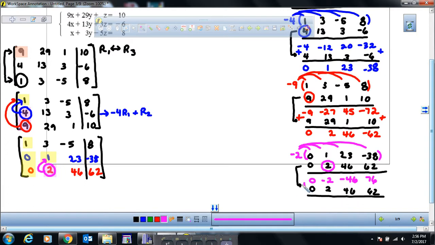So when we add them, we get 0, 0, 0, and, oh, I forgot, that was supposed to be a negative 62 right here. So 76 plus negative 62 is going to be 14. So that's what we get on the last row.